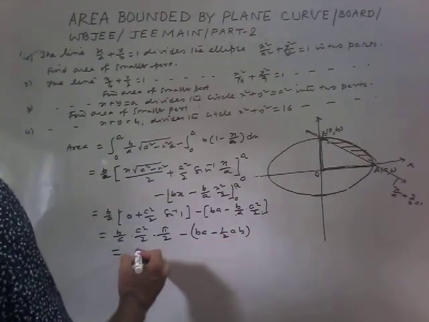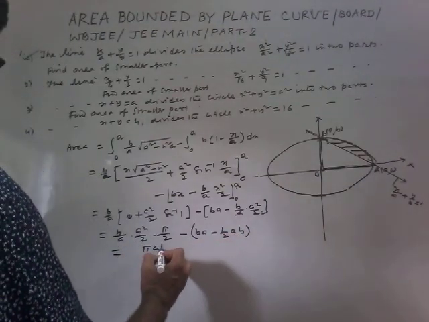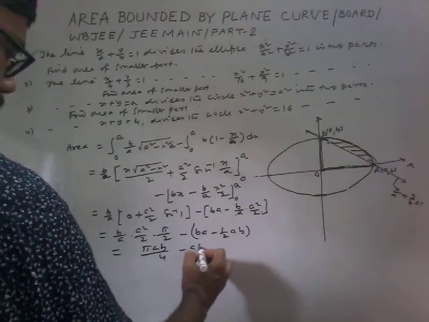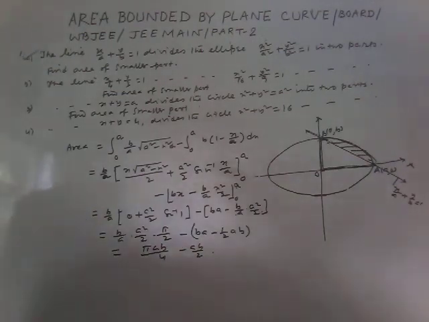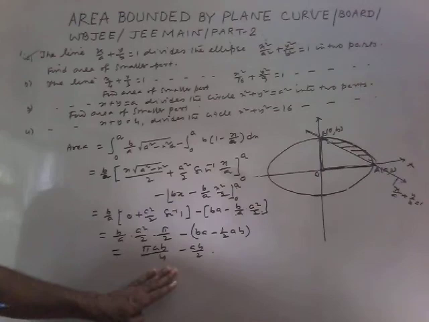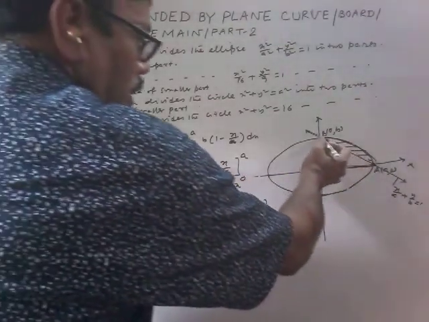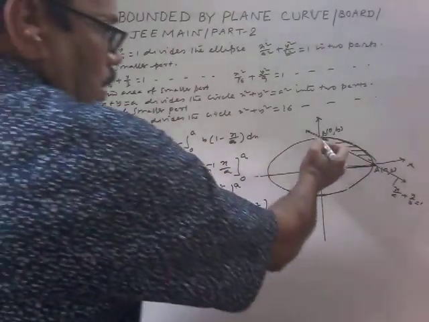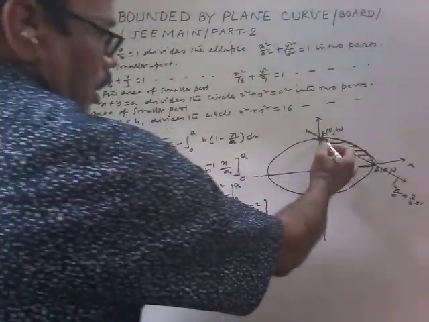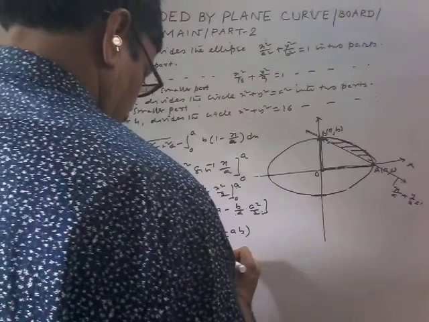So finally you are getting a cancel, pi ab by 4 minus ab by 2. So this is the area in square units. Now you verify: pi ab by 4, 1/4 of the ellipse, minus half into a into b.